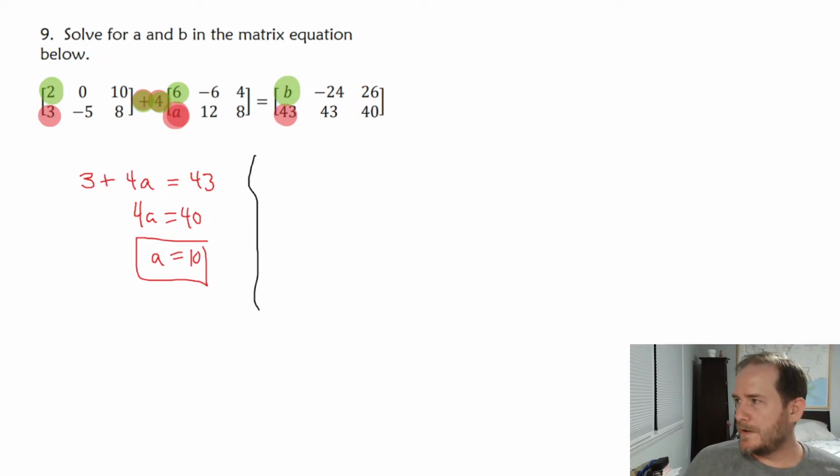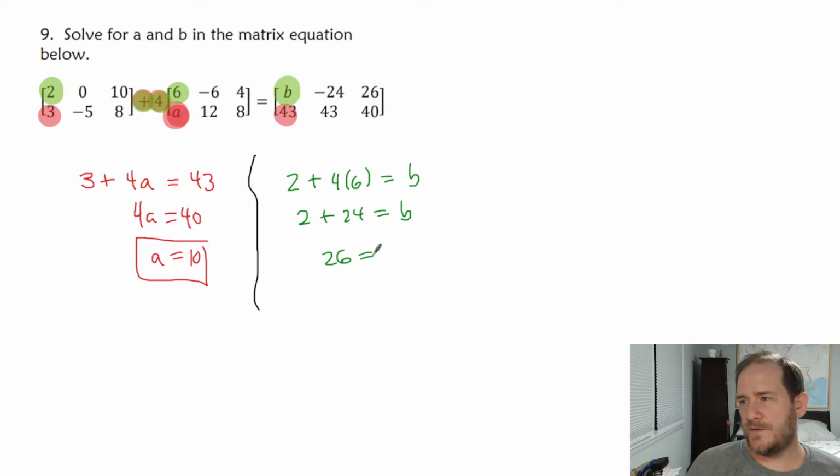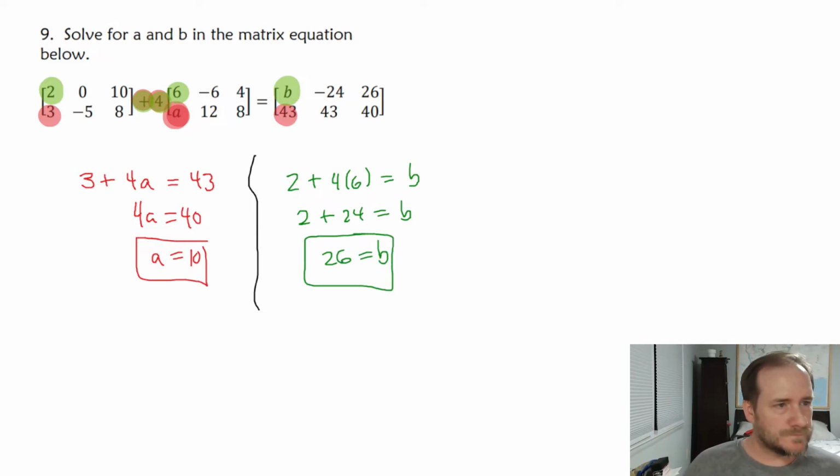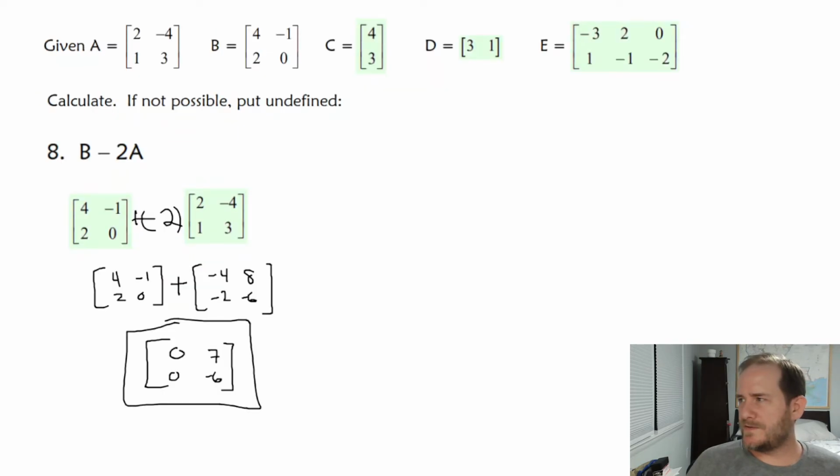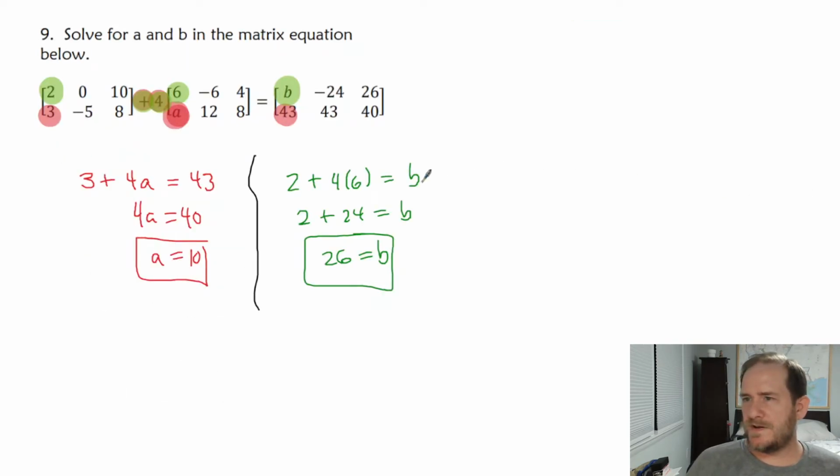So for b, we can pull out the equation 2 plus 4 times 6 equals b. 2 plus 24 equals b. 26 equals b. That's it. You're done.